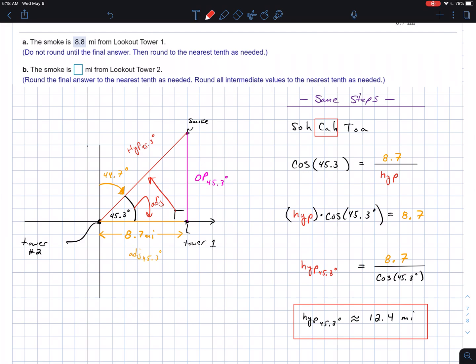So, again, I didn't write everything out this time, as you can see, but I just substituted. I then did what? Multiplied both sides by the hypotenuse.